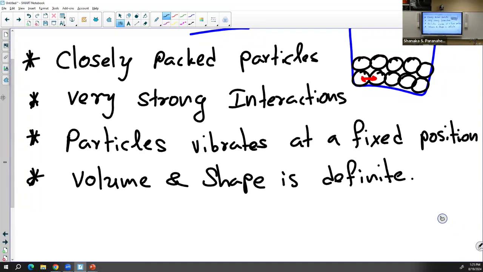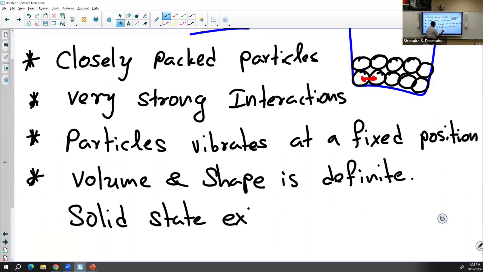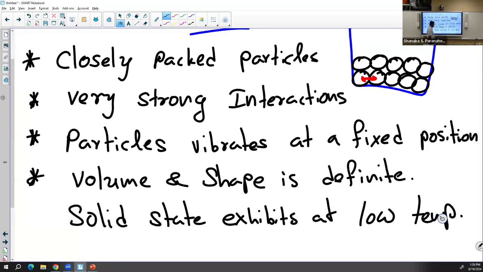Normally solids are going to be on the lower temperature side. So solids exist at low temperature. An example is ice.